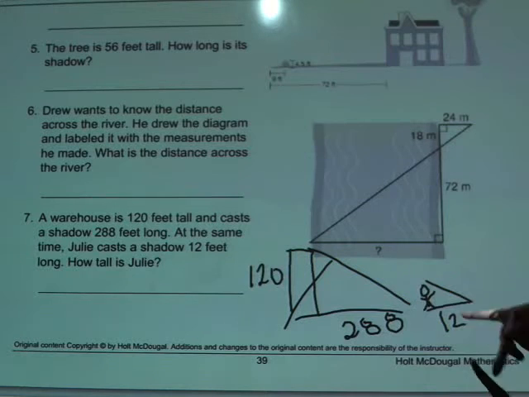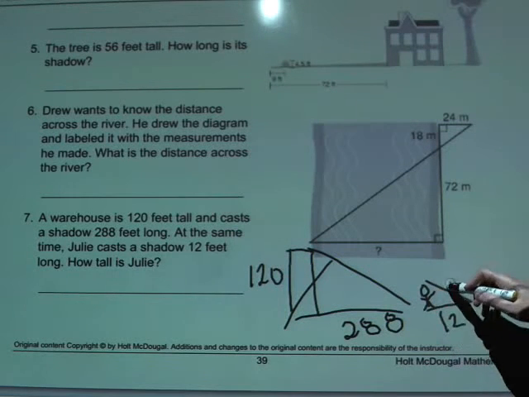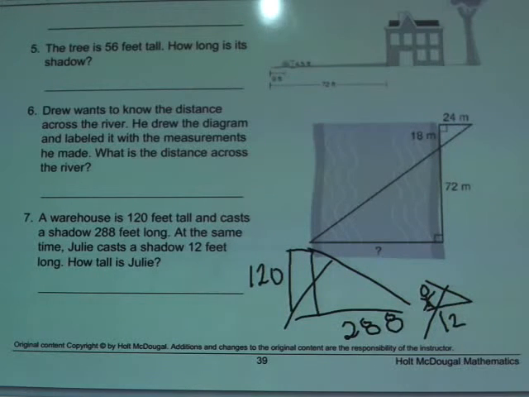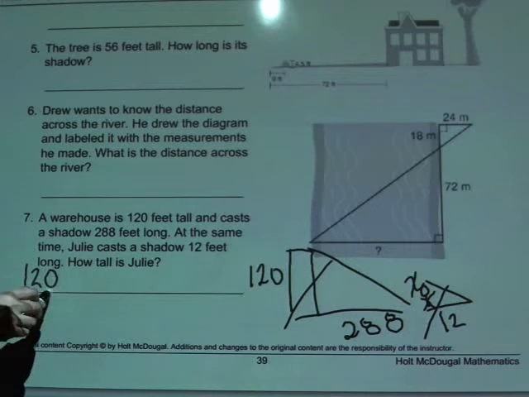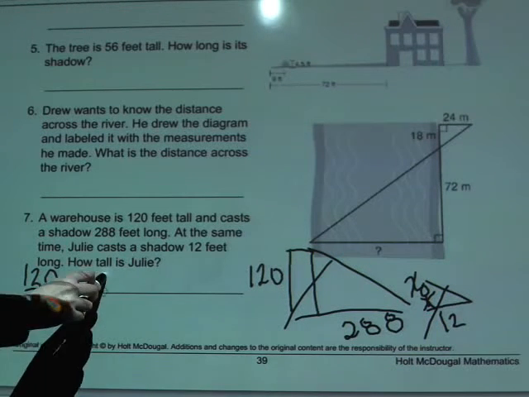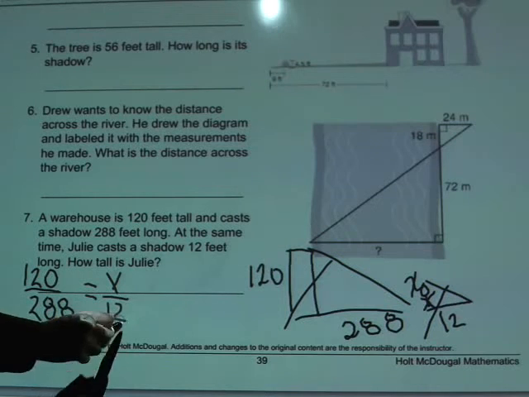So I'm going to make the same comparison over here, Julie versus her shadow. Well, we don't know how tall Julie is, but we know her shadow is 12. So this height is going to be x. So our proportion here is 120 over 288 equals x over 12.